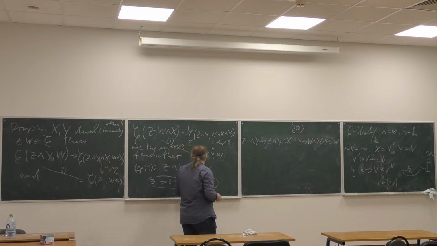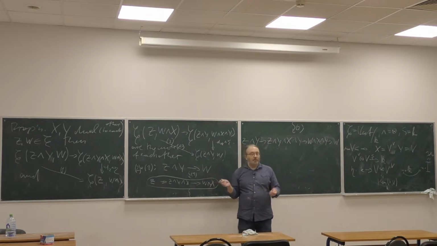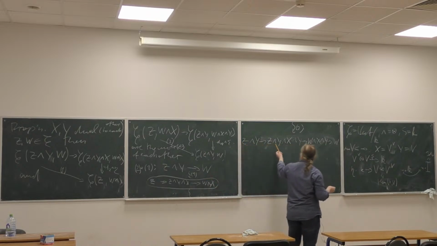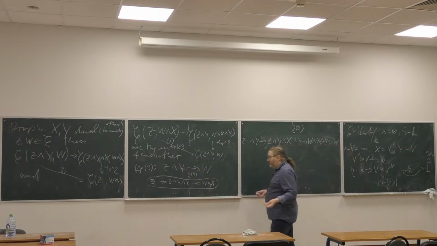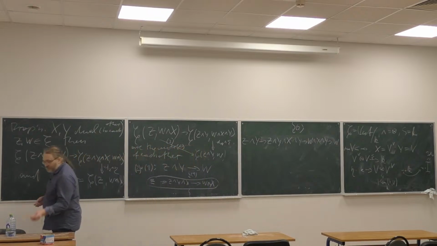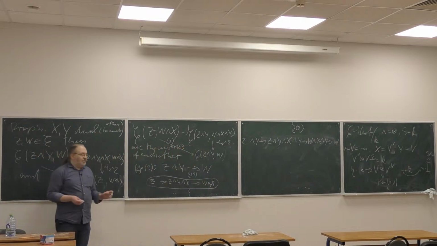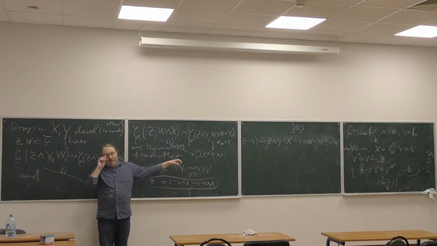So we start with an arrow z wedge y to W, and we end up with an arrow z wedge y to W. And the question is why are those arrows the same? And by the way, here I systematically ignore the fact that we have the brackets and the associators.